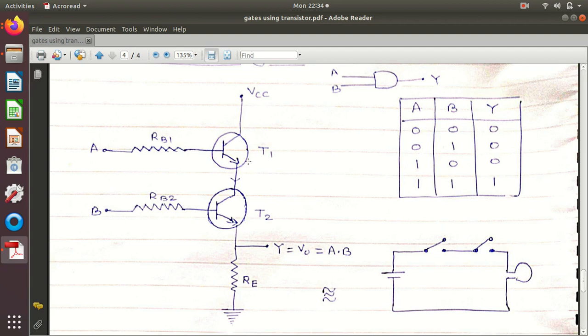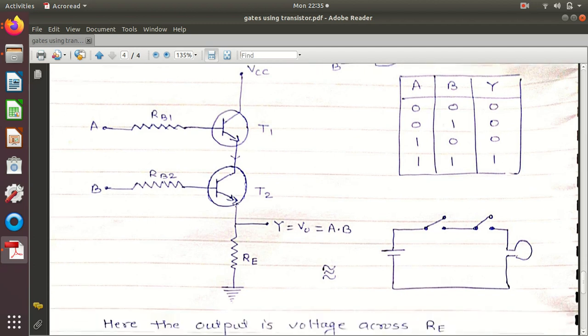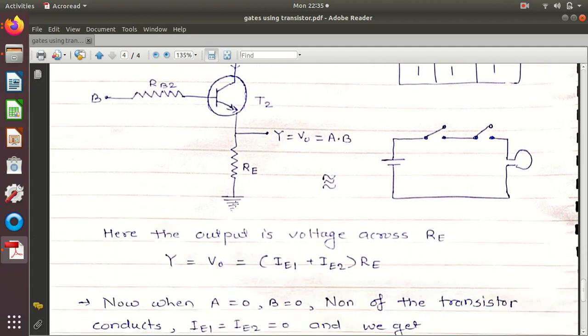Here also, our requirement is that both of the transistors should act as short switches. So let us see how it will work.